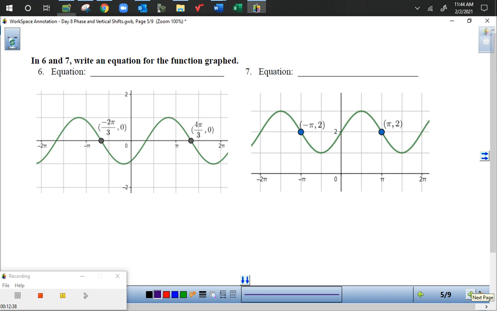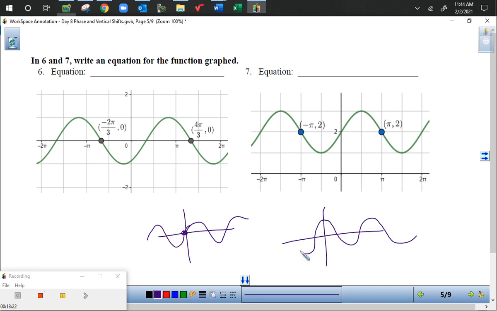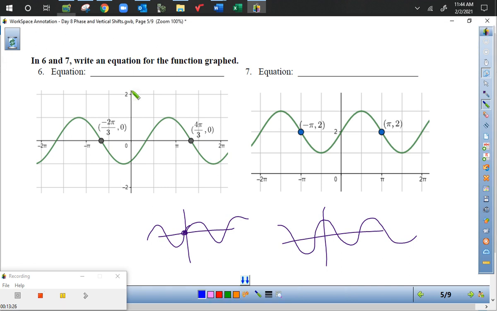Here's what I mean. With these both being waves, we could think of them as sine graphs. And usually sine graphs start at the middle and then go up afterwards. Or we could think of them as cosine graphs, and cosine graphs start at the maximum and go down. So what you're going to check out is just the x-axis or the y-axis, because that's what we're looking at first anyway, and just figure out what's closer.